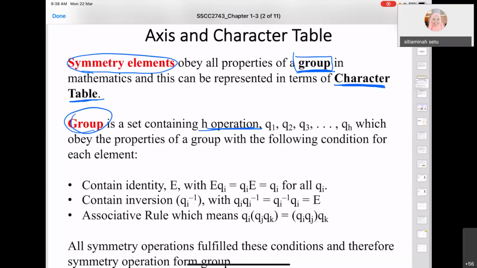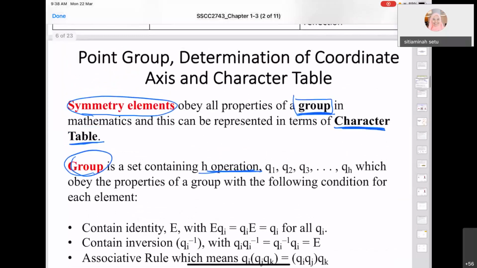Contohnya ada haiwan yang carnivore yang makan daging sahaja, ada haiwan yang herbivore yang makan tumbuhan sahaja, ada haiwan yang omnivore yang makan daging dan tumbuhan. So sama juga macam molekul, macam mana kita nak memudahkan untuk mengenal pasti ciri-ciri dia, properties dia. Kita kena kumpulkan dia kepada satu kumpulan. Kumpulan itulah yang kita panggil sebagai point group.